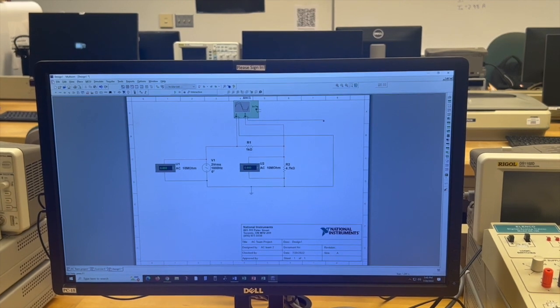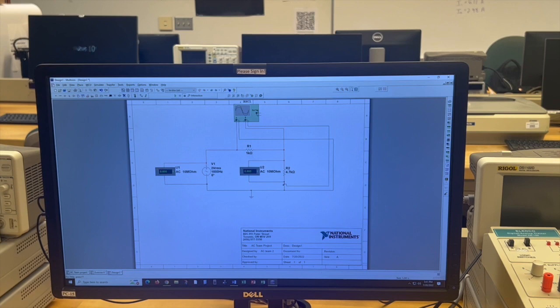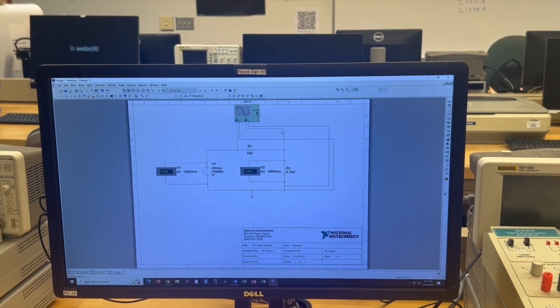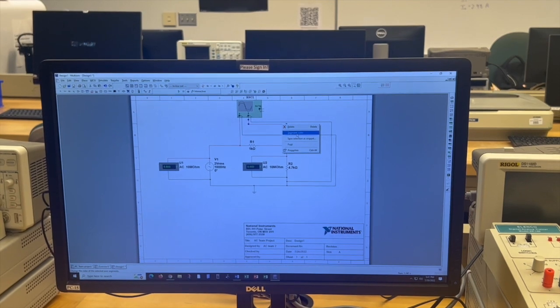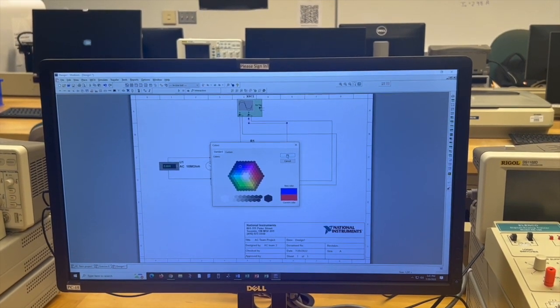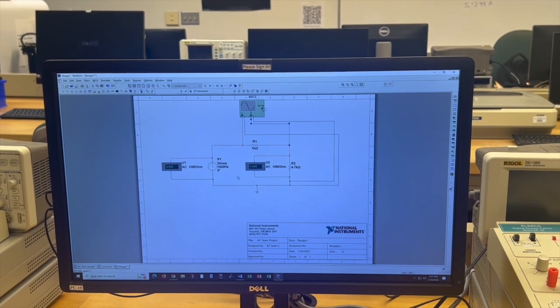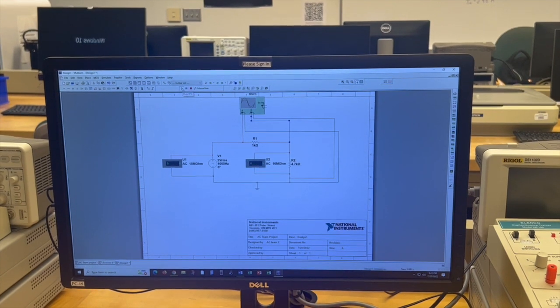B negative goes on the bottom. We're changing our segment color for our A positive to blue. And we're running our machine.